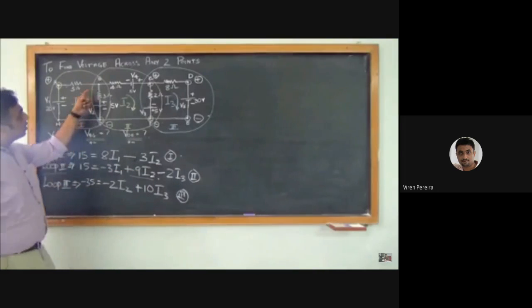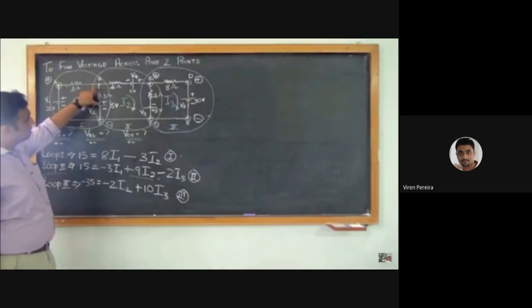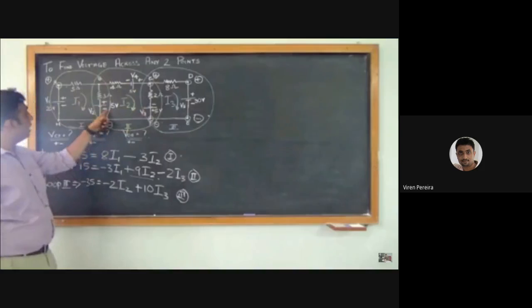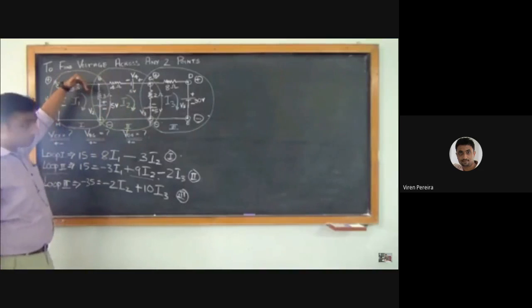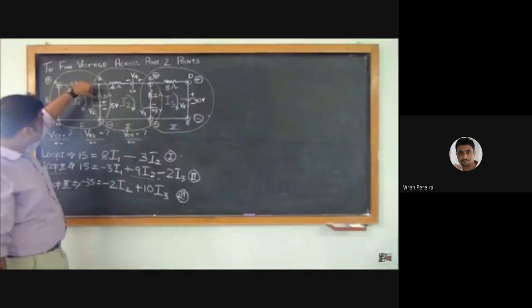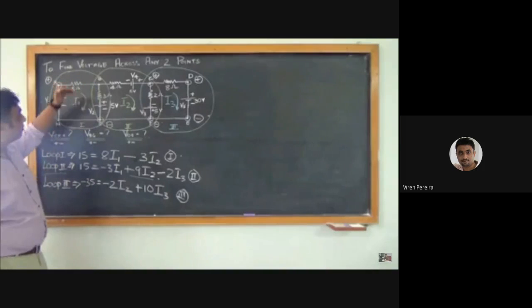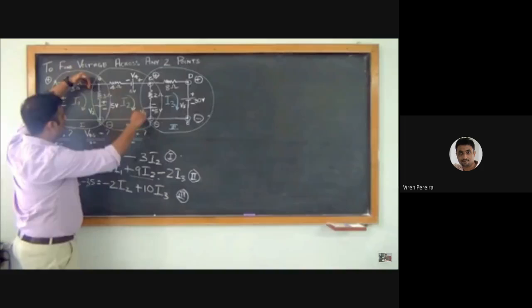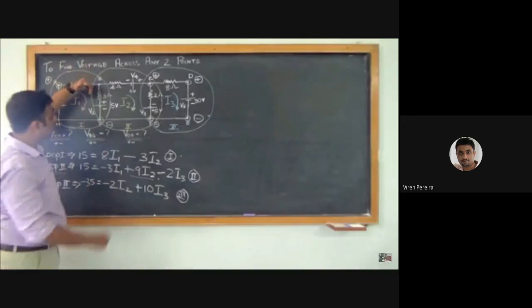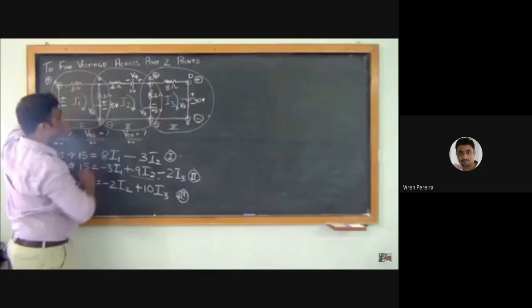Now, the 3 ohm resistor is at the junction. So it is interacting not only with I2, but also with I1. The current in the 3 ohm resistor is a combination of I1 and I2. I1 will be from top to down and I2 from down to top.